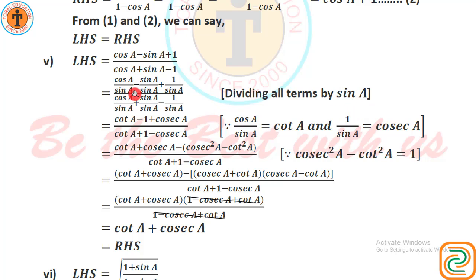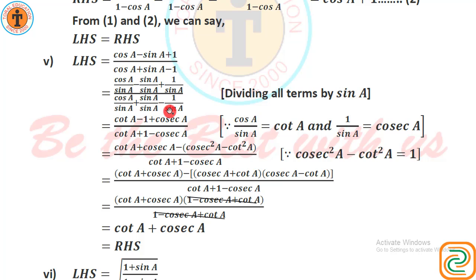So I have converted cos upon sin A, sin upon sin A, 1 upon sin A, dividing all terms by sin A. Similarly, in the denominator, cos upon sin A, sin upon sin A, and 1 upon sin A.